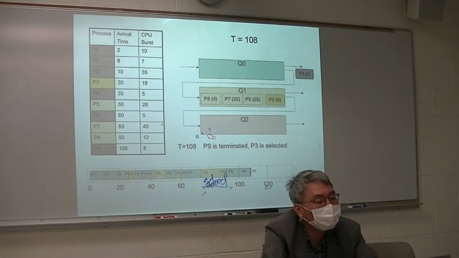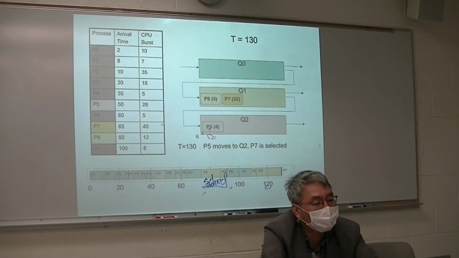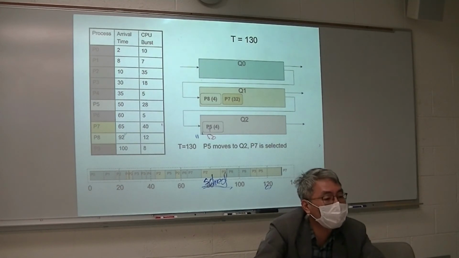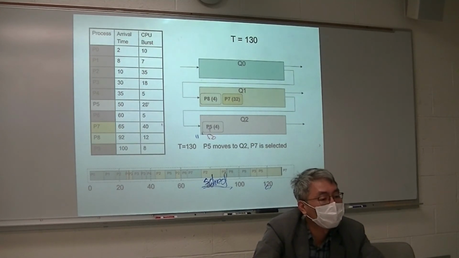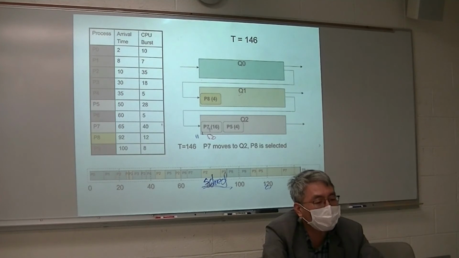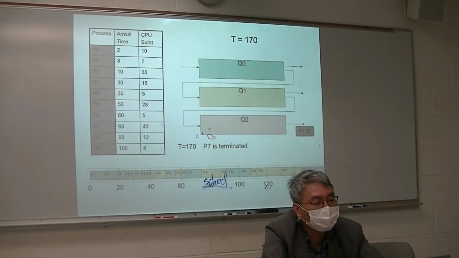Then P9 is completed, and P3 is completed, terminated, but P5 still is not terminated, because P5, as you can see, needs 28. So it will be terminated once there is no process in the higher queues. Like this, finally, it is terminated.